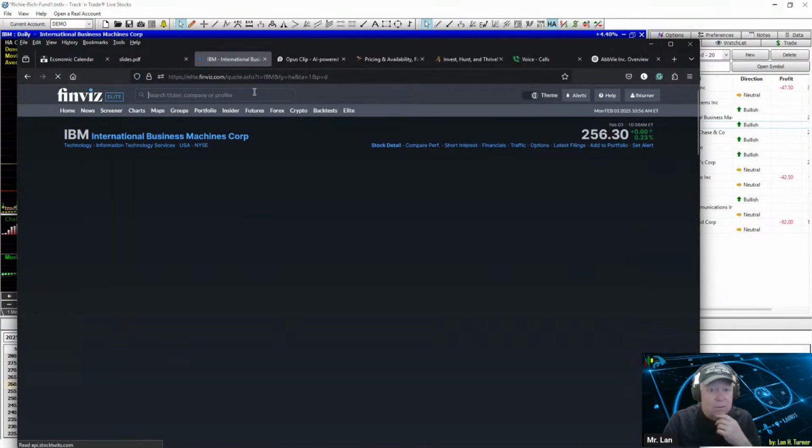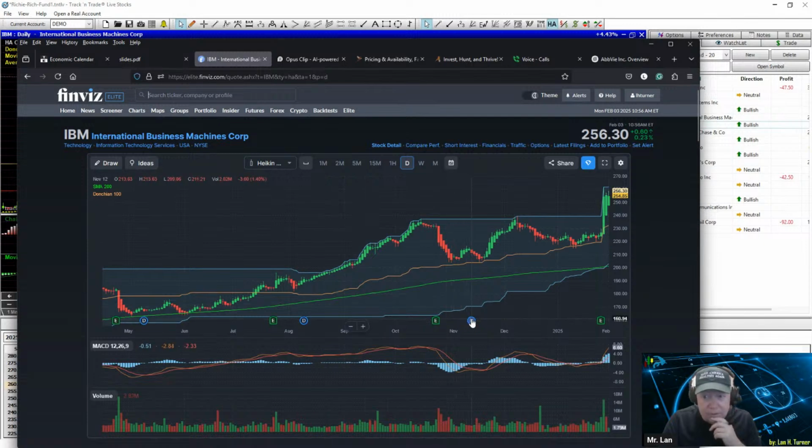IBM dividends. $1.67 a share. Yeah, but one share is $254. You have to pay $254 to get that $1.67 per share every 3 months. It's not bad though. You have to put it into the calculator and figure out what the yield is. $1.67 per share quarterly, $254.